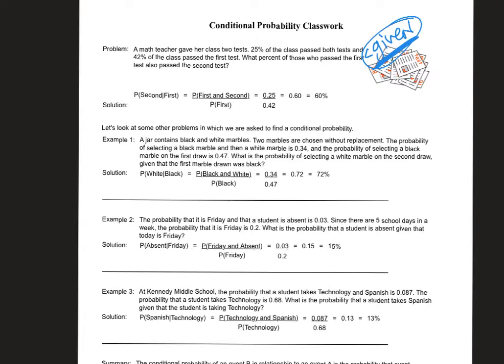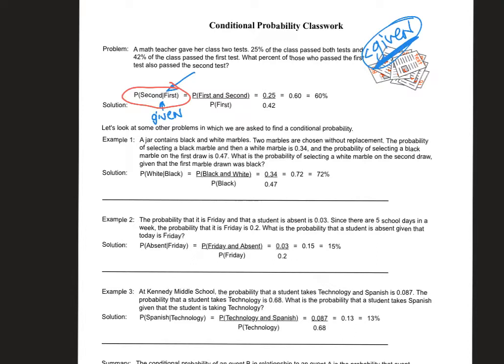So to figure this out, your question is going to look like this. This straight line here represents the word given. A way to read this is what is the probability that they pass the second given that they passed the first test?